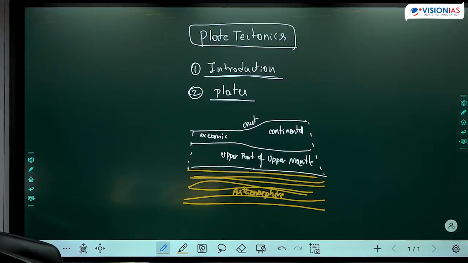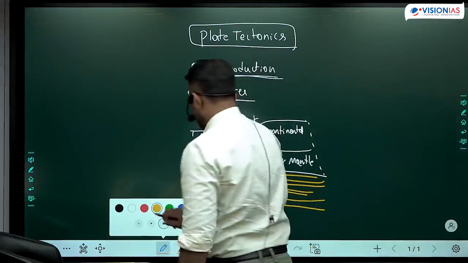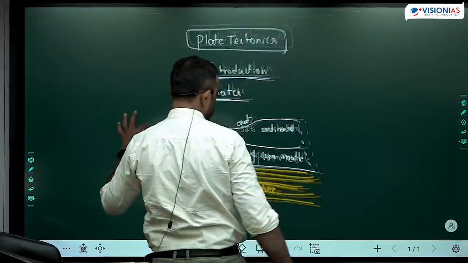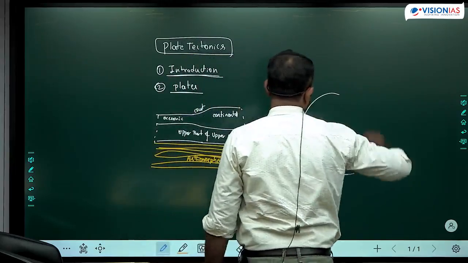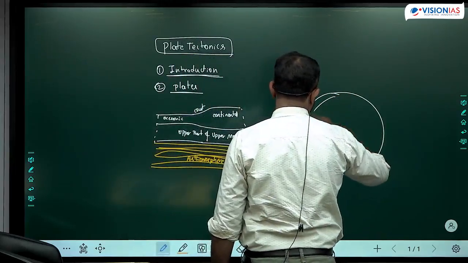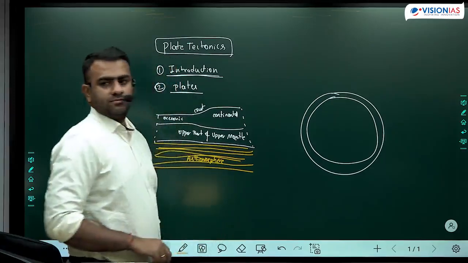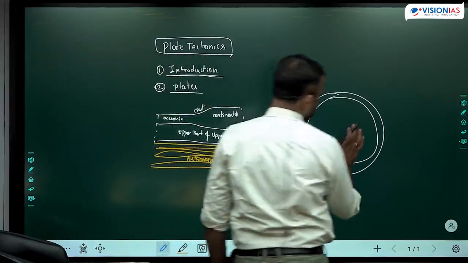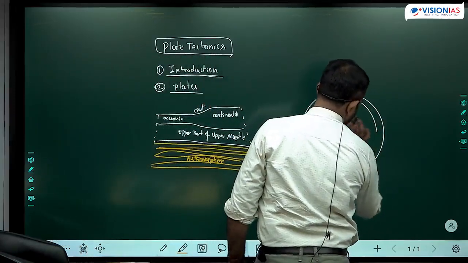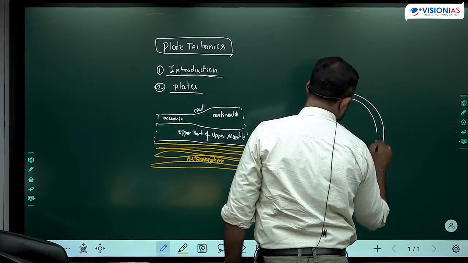ठीक है? Lithosphere is basically like an outer shell covering the earth from all sides.